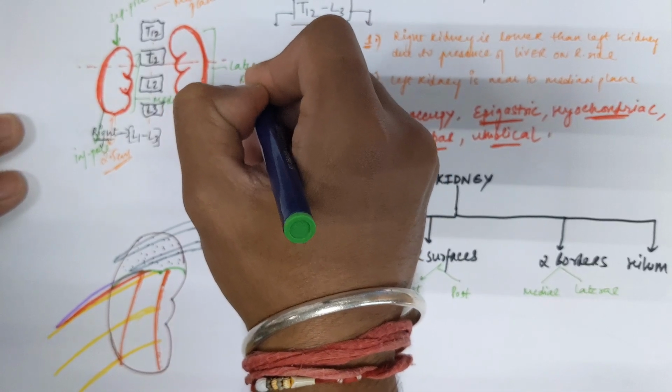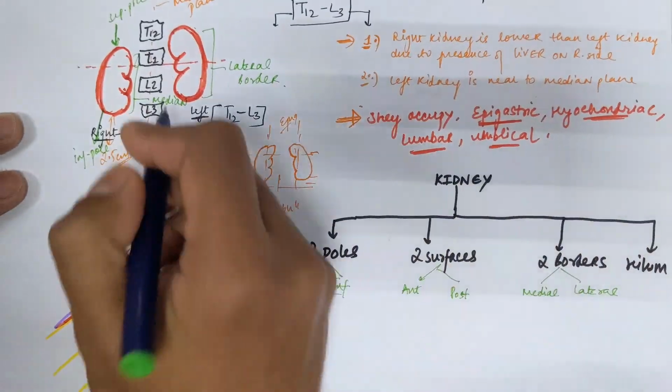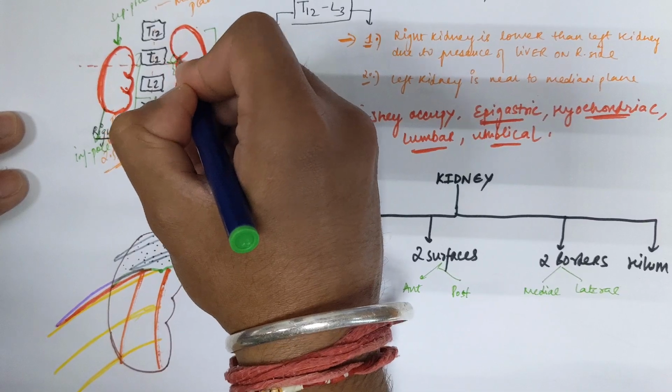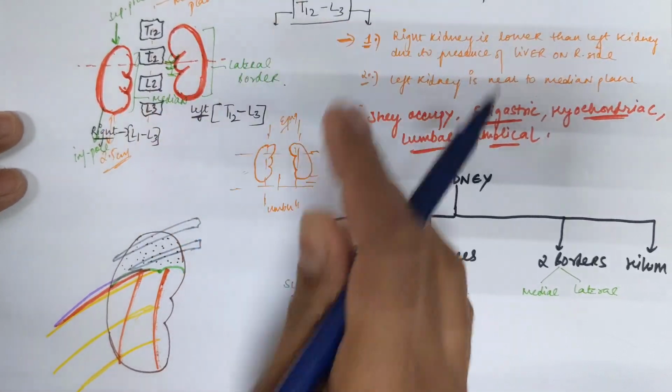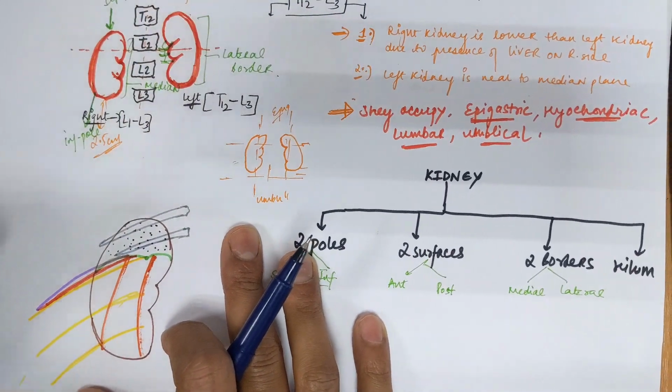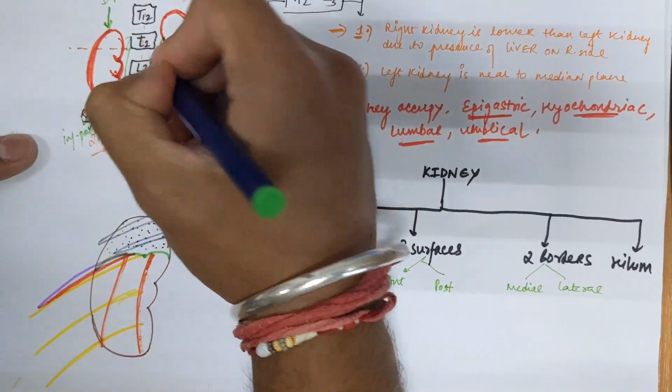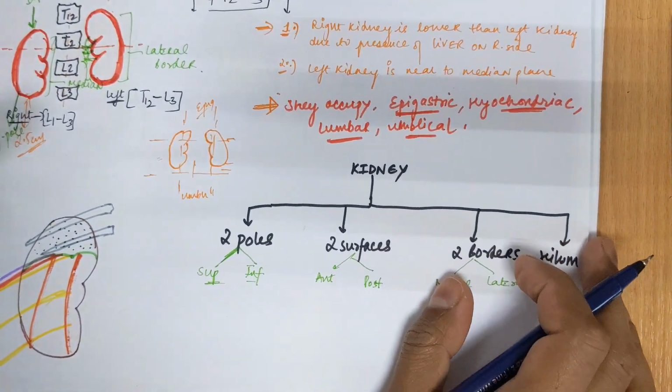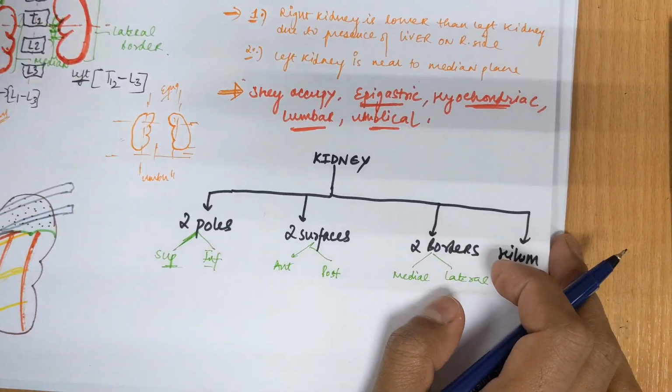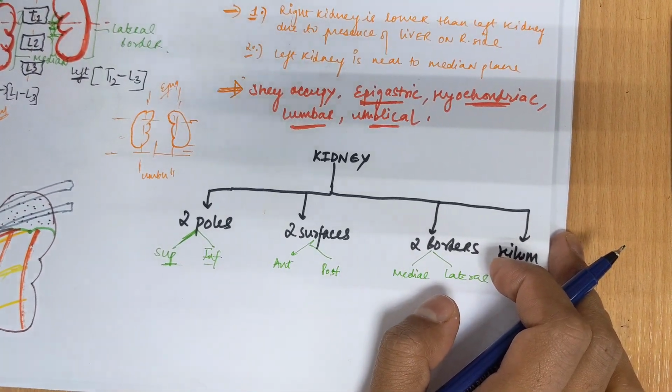Clear? So these are the external features, and hilum will be here. This is your hilum, from where the vessels, veins and arteries will be originating. Okay, so this area is your hilum of the kidney. Clear? So these are the specific features of the external features of the kidney.